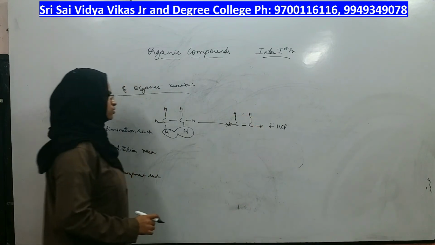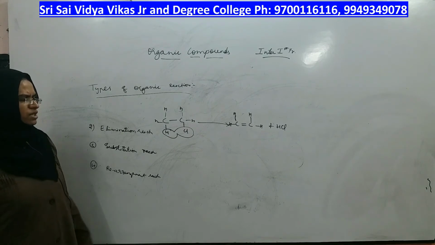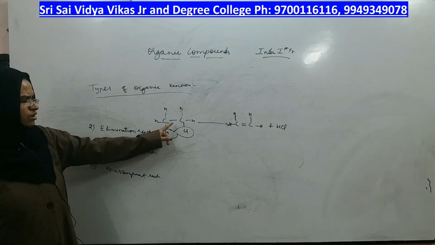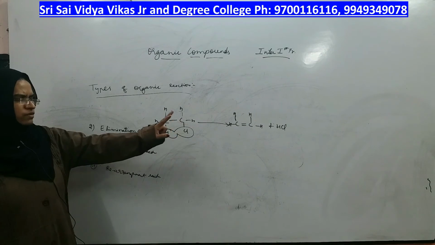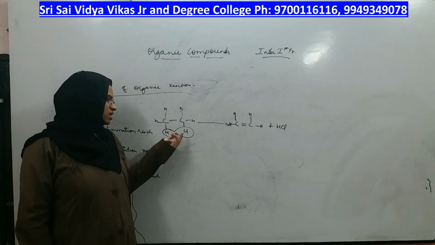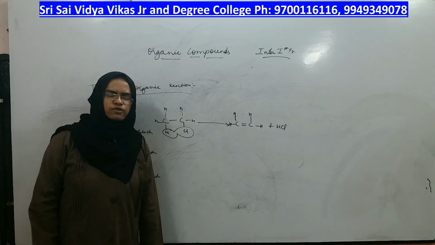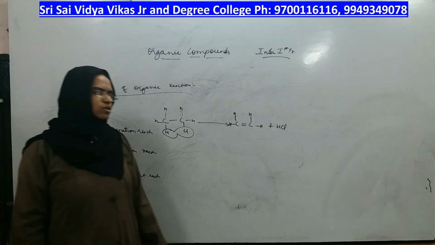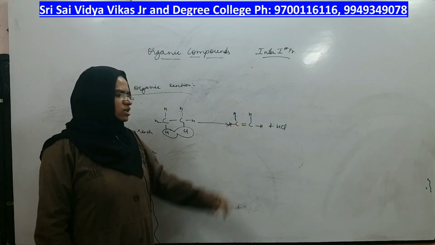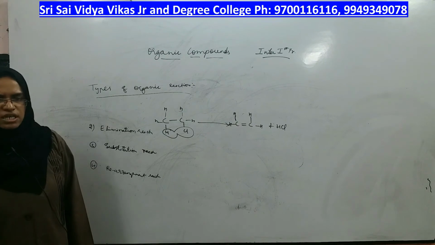Small molecules, one or more also, more small molecules also can be eliminated, but it is a small compound, so I am eliminating only one small molecule, right? From the substrate, if you eliminate a small molecule, a new pi bond is formed and the product is called the eliminated product.